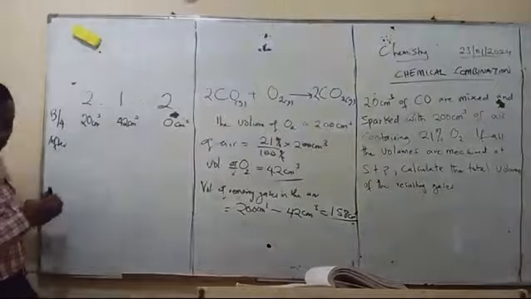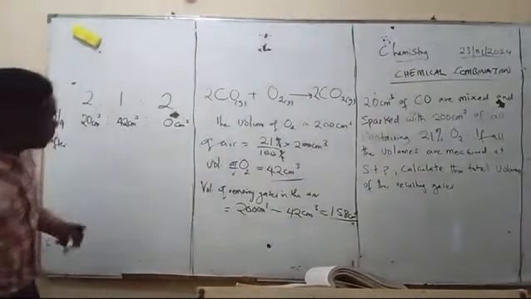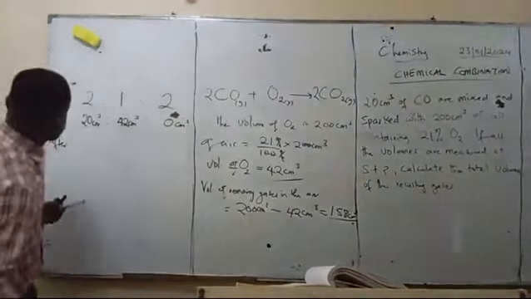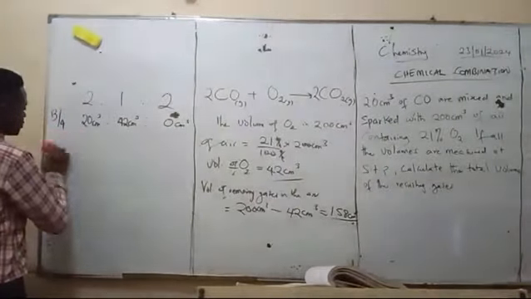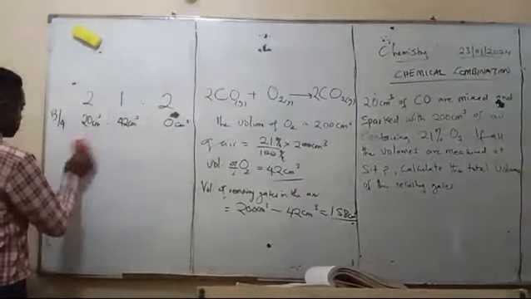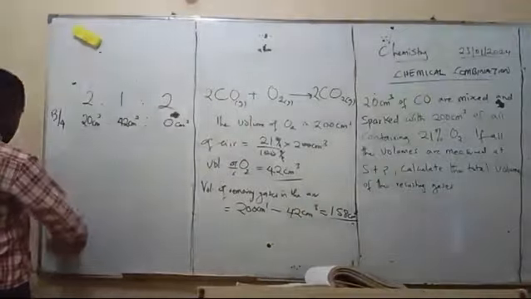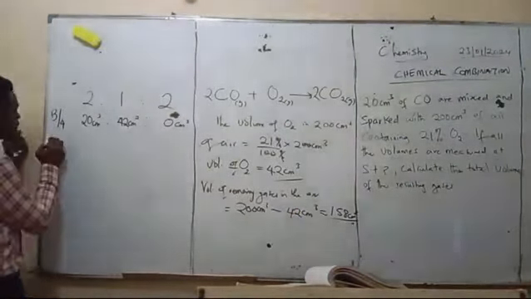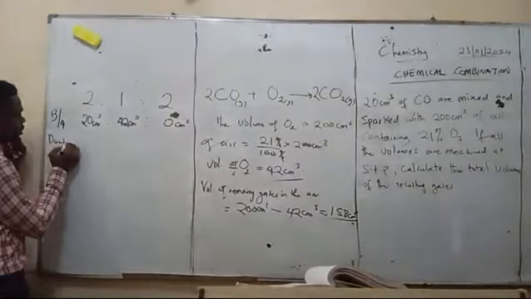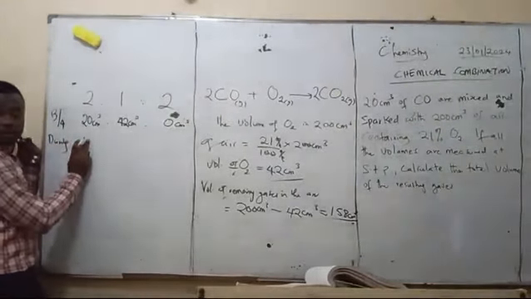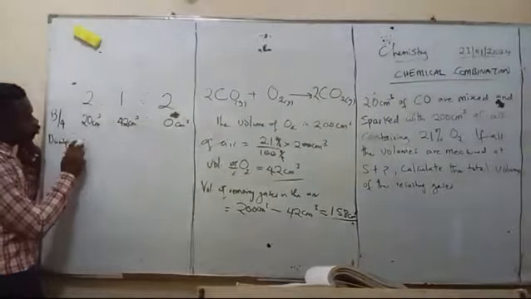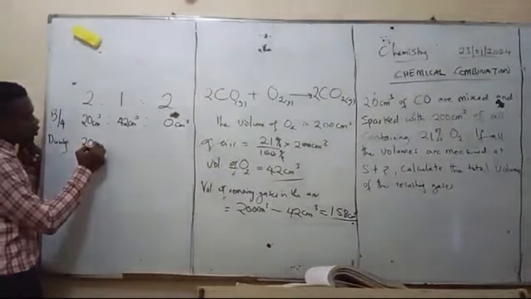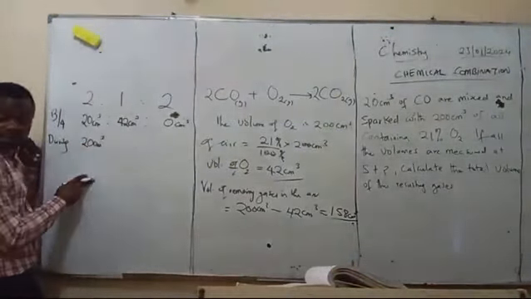Okay, now let me do something. Let me make this clearer. Let me do it before, during, and after. During sparking, what we have is still 20 cm cube, right?